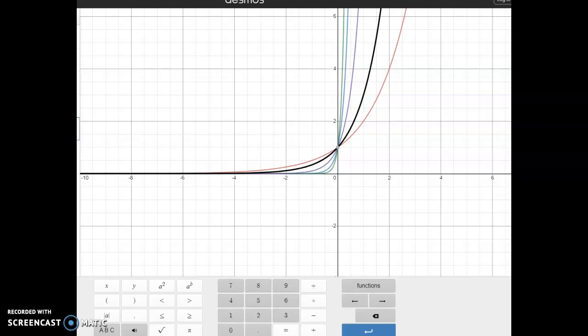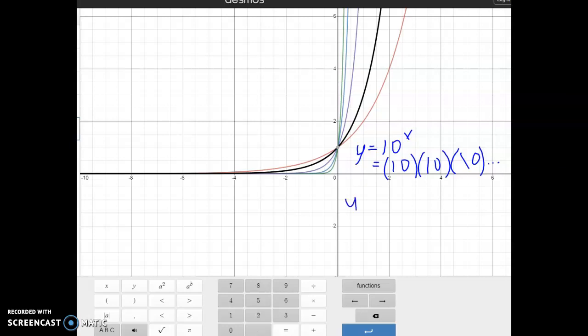The reason is because when you have something that you're multiplying by itself, so for example, if I take 10 to the power of x, what this really means is 10 multiplied by itself x times. So what you're doing is you're multiplying by 10 over and over and over again.